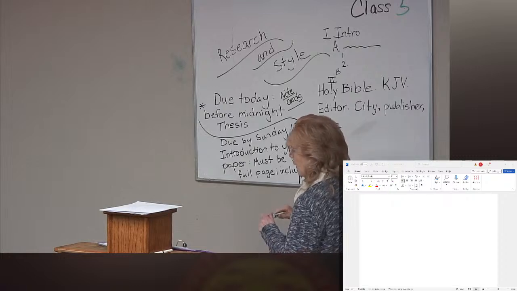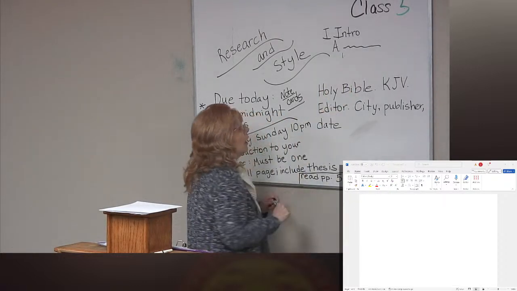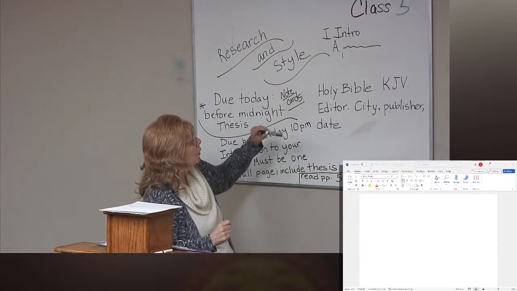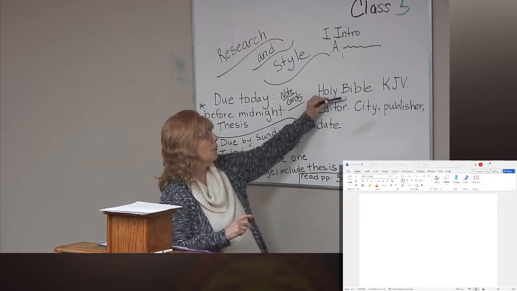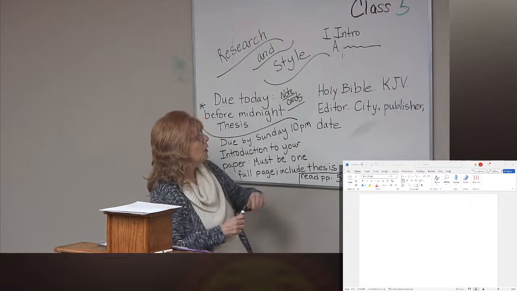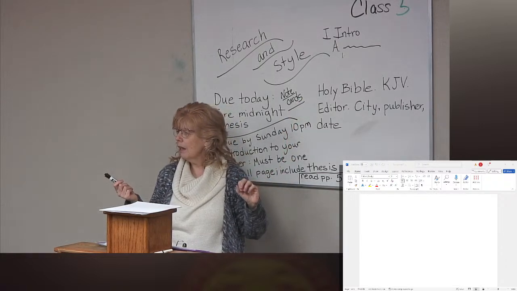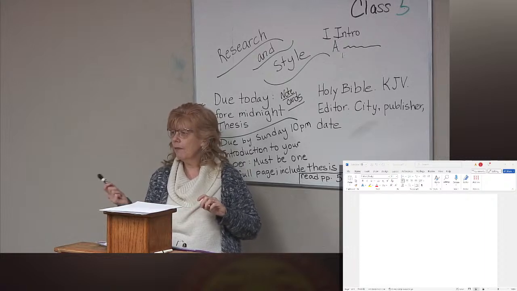Okay, and then another thing I wanted to go over was how you will cite the Bible. Now you can write it this way, Holy Bible, but if you just put Bible, that's fine as well. But you need to start it, and I think you had, what was the name of one of your Bibles? Illustrated King James. Yes, that's perfectly fine as well.